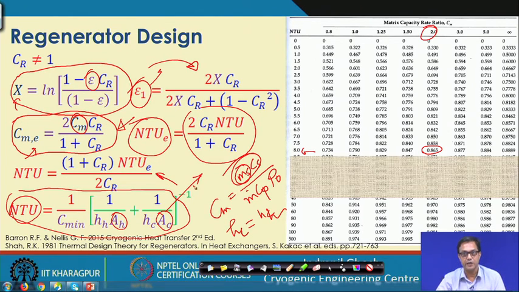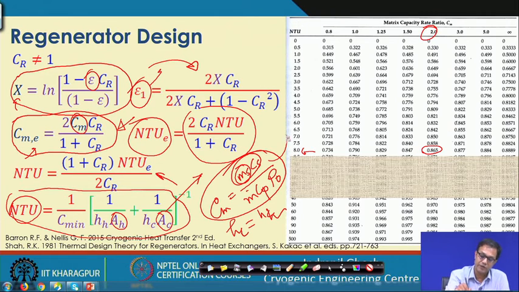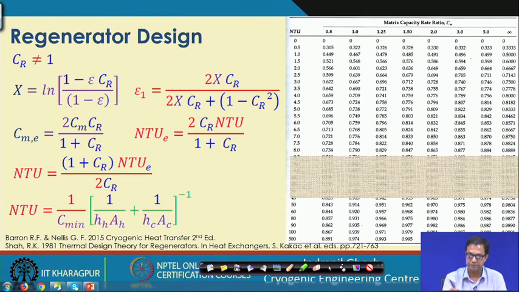Once this area is known, we can also find out the amount of material involved with that regenerator, and when we know the material we get a value of the Cm. If it is a good guess, the number of iterations will be small, otherwise with that value we have to go back to this step and make an iterative solution.